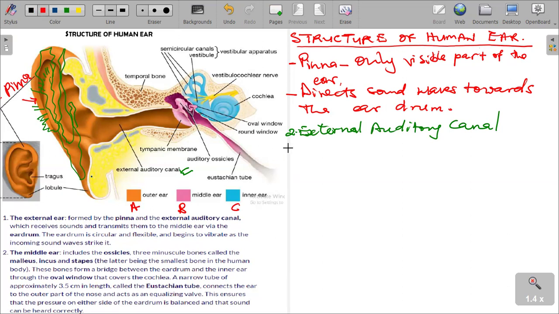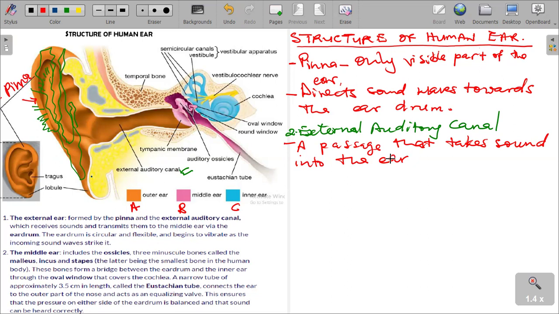It is the passage that takes sound into the ear. The sound is taken into the ear through the external auditory canal.